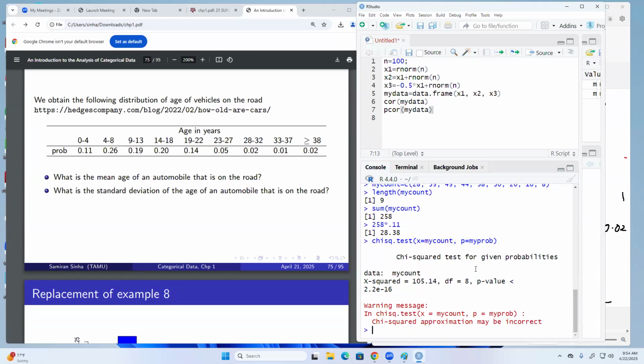Now, if you test the hypothesis at the 5% level, your p-value is smaller than 0.05.